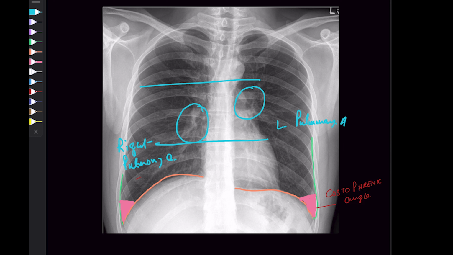The left hilum is normally slightly higher than the right. And this is what we can see very clearly at this angle. Are we clear about this? So these are the simple things which are very clearly visible in this X-ray. We have more details, but this is good for the beginner level.